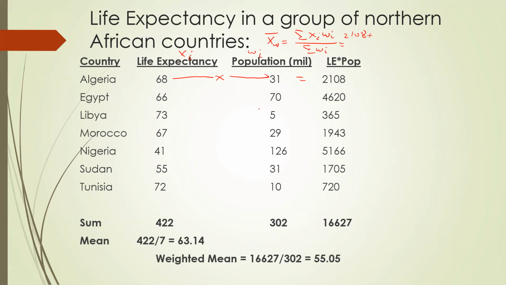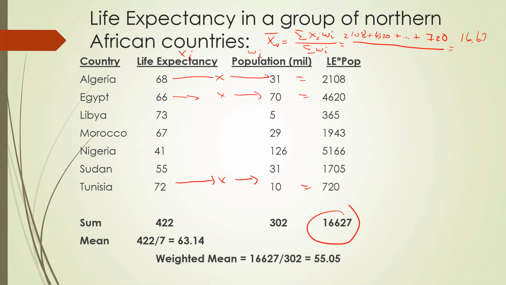You would get that number, and you would keep doing this until you got all the way to the last value in the data set. So this one right here. And you would sum all these numbers up, and that gets this value right here, 16,627.